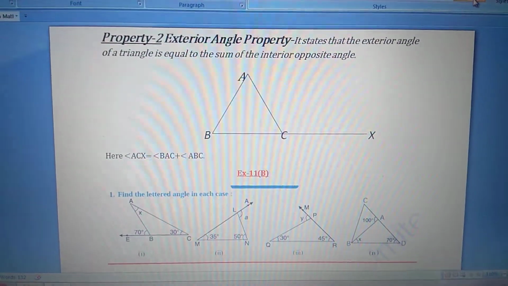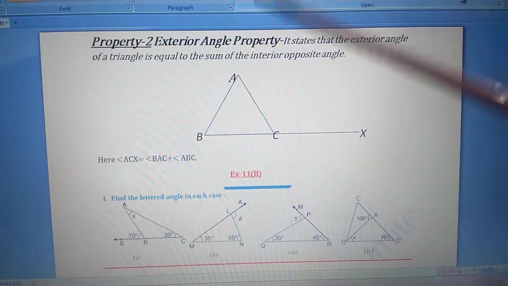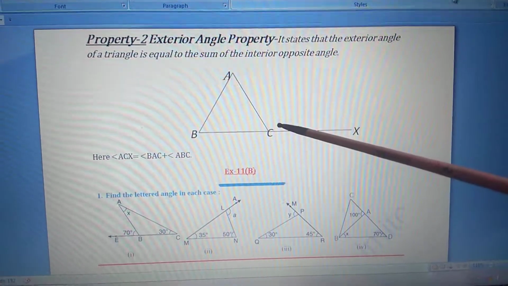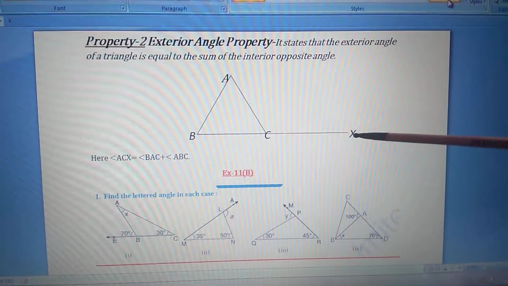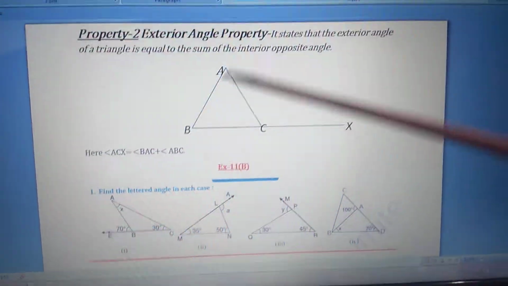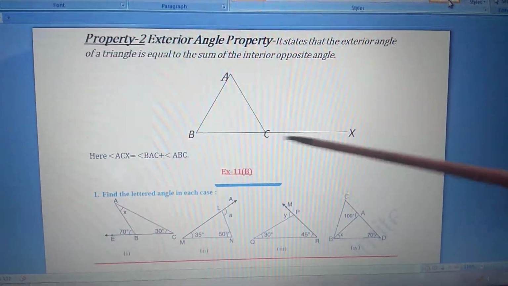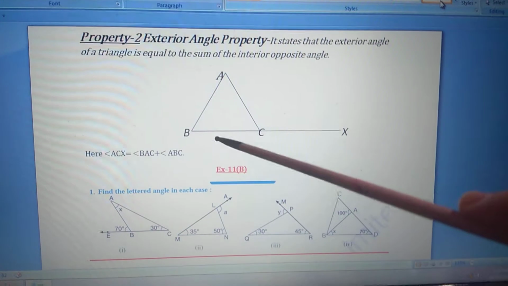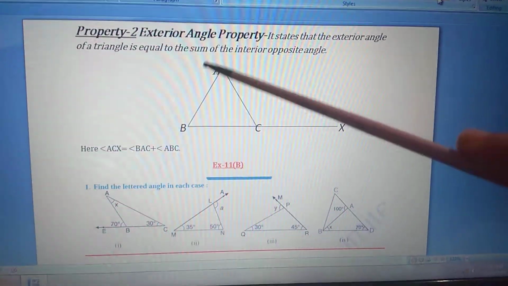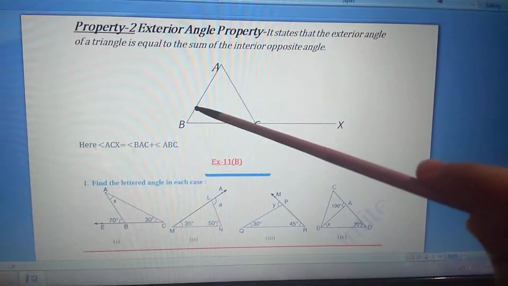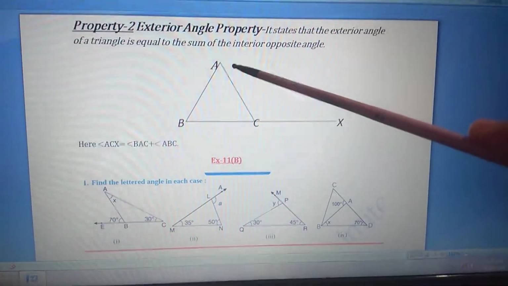The statement may confuse you, so let's go with the figure. ABC is a triangle and ACX is an exterior angle. So angle ACX will be equal to angle BAC plus angle ABC. These two are the interior opposite angles.